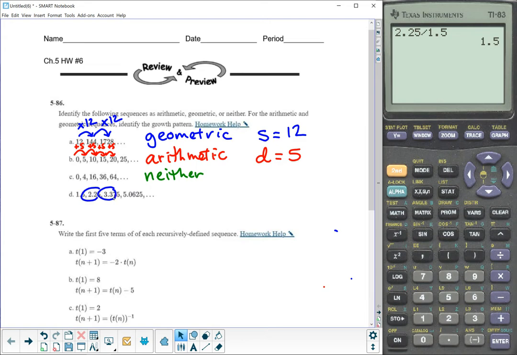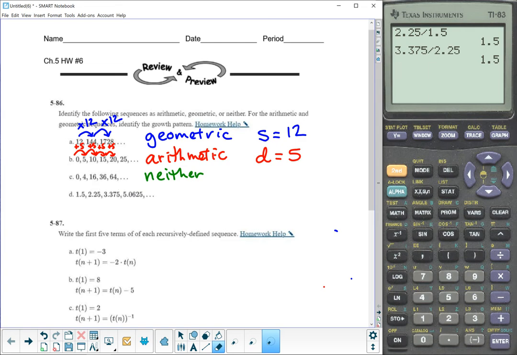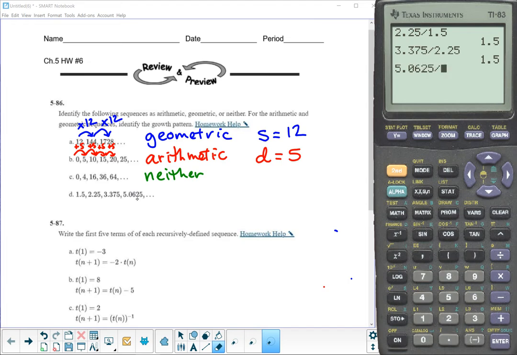Then I'm going to do this again with these two numbers: 3.375 divided by 2.25. You see how it matches up, it works. So I know that this pattern is geometric. And I can even try it with 5.0625, and I'm going to divide it by the slightly smaller one, 3.375, and you get exactly 1.5.